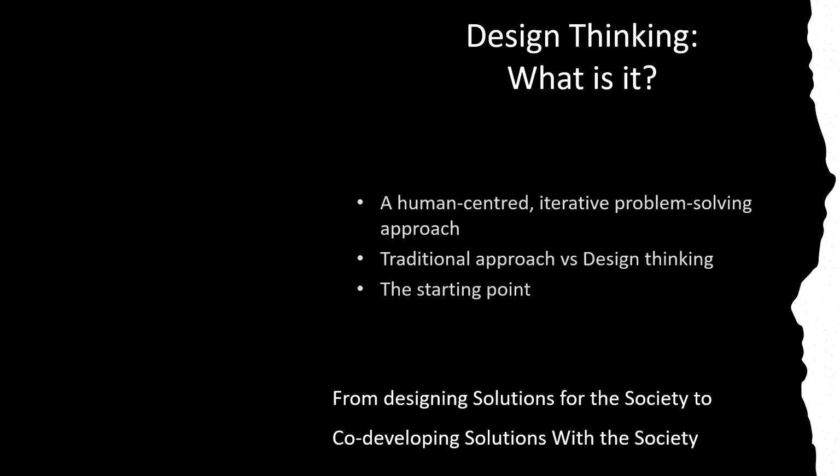And the starting point is the people, the community, the society who would be using those solutions and not the technology. In a way, I would say that design thinking is co-developing solutions with the society, whereas the traditional approach is much more of designing solutions for the society.